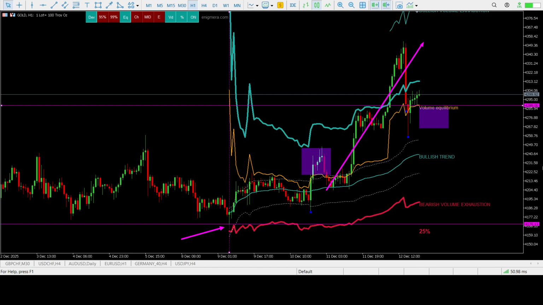Why is it like this? This is a trend that got some volume inside, and this volume must be exhausted. The volume of the trend is like a fuel. This fuel must be used before changing any direction.